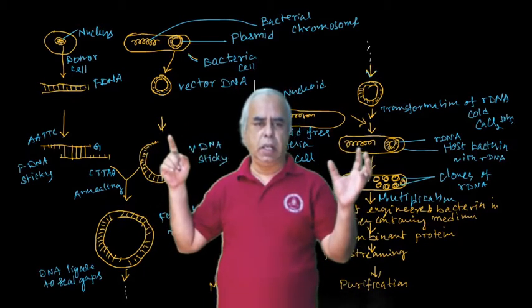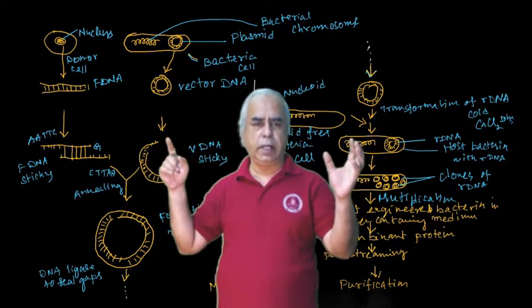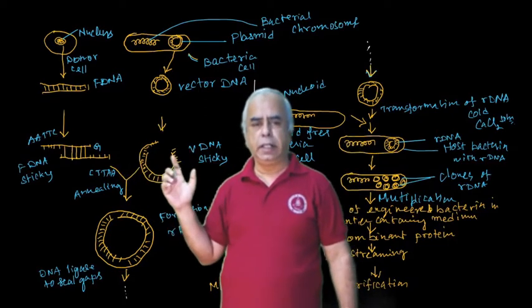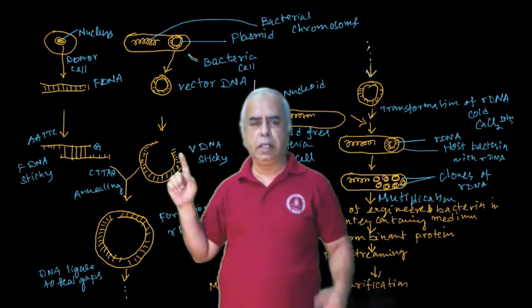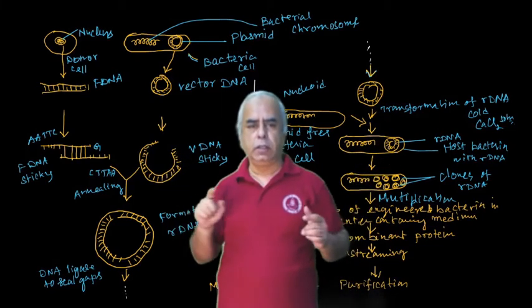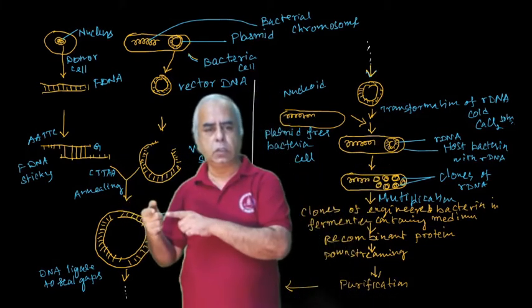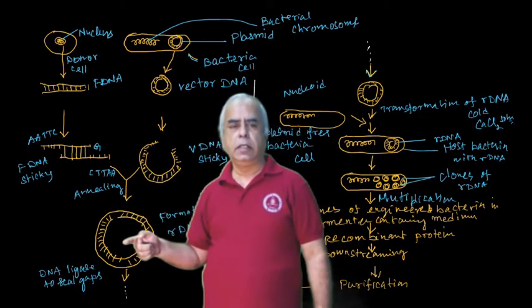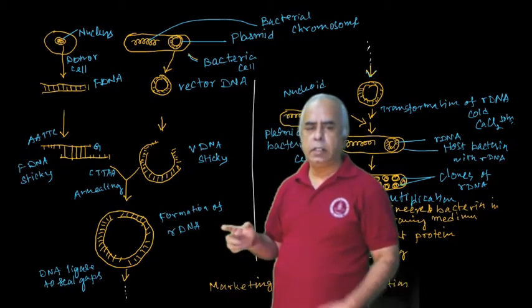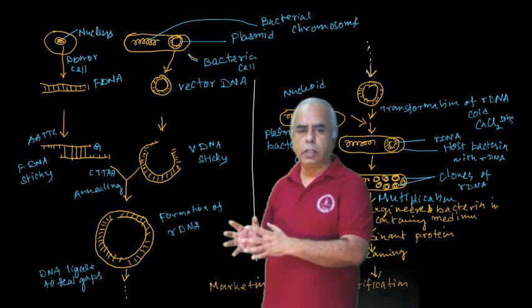So this is the sticky alien DNA, that is foreign DNA, and this is the vector DNA, and the process of mixing. So this mixing is called annealing, is it not? And after annealing, we are able to form a good rDNA.